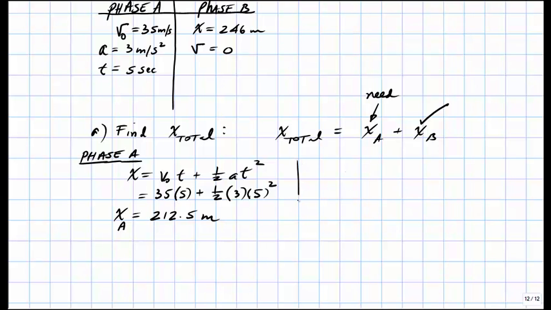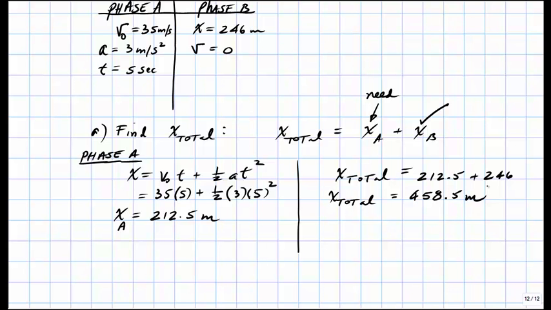And to calculate x total, we can just rely on this equation above. We have the value for xA. It equals 212.5. The distance traveled in phase B is located right here, 246 meters. And if we add those up, it turns out that the total distance equals 458.5 meters.